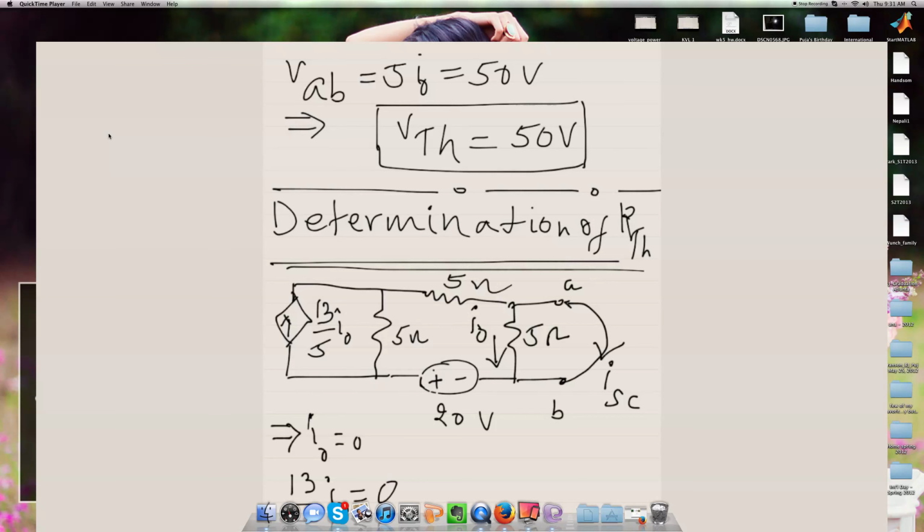It is the case when the diamond, which is the transistor, is non-conducting. And that can happen, has happened here. So the circuit is reduced. We will not even have the diamond anymore.